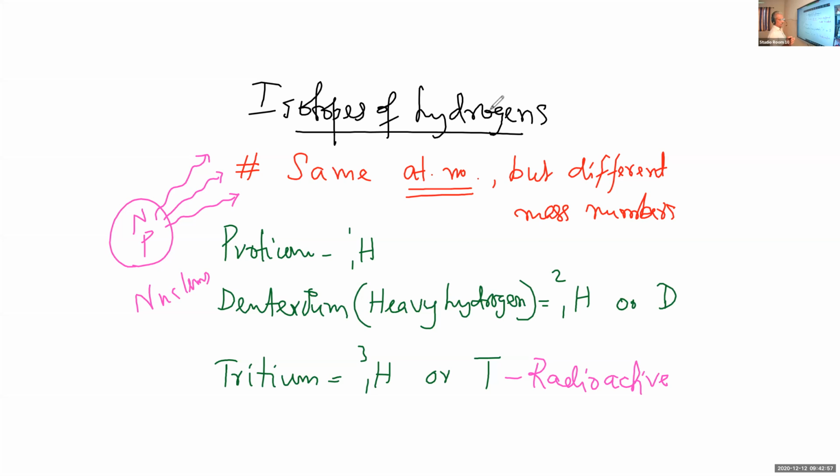The nucleus splits, it decomposes, and new stable nuclei are formed. When new stable nuclei are formed, there will be other atoms. The parent atom is converted to other atoms, called the daughter products: parent and daughter.